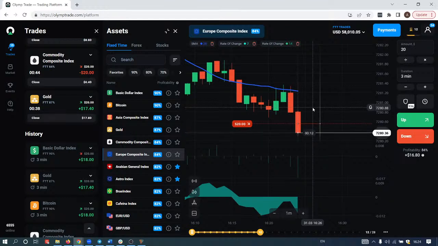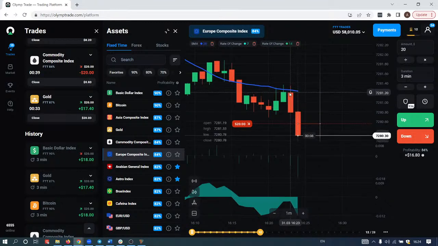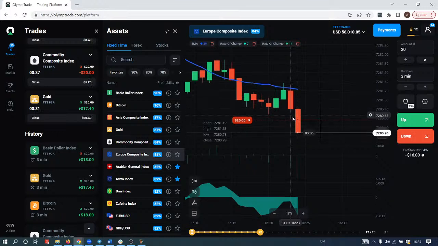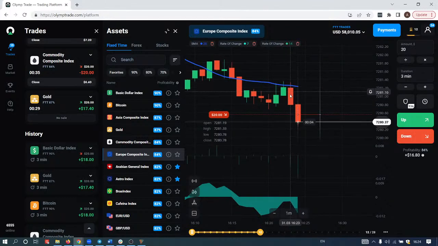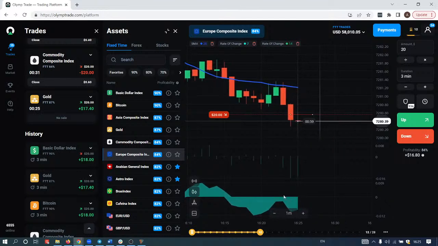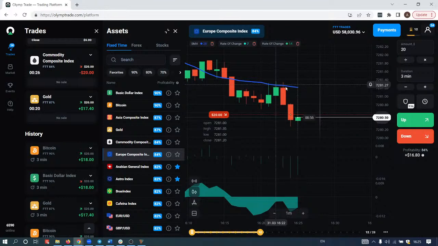Right, so my next trade comes on Europe Composite Index, and we have this drop that's currently happening, and we can see that both oscillators are below the central lines, and the 20 SMA is here, so we can count on some down trades here.